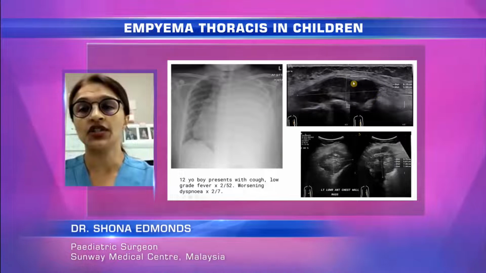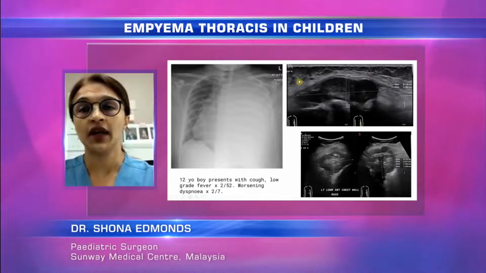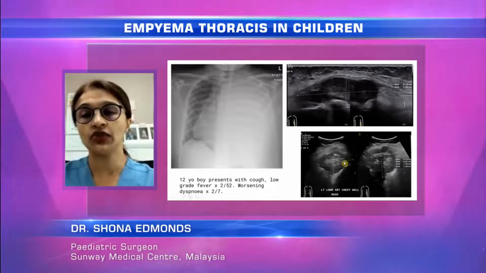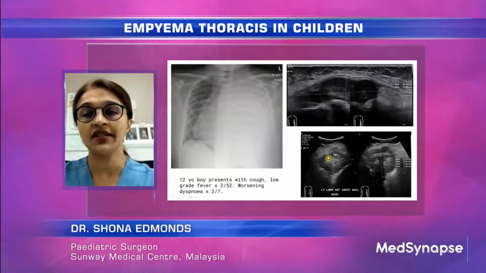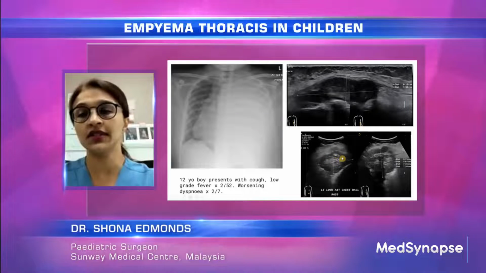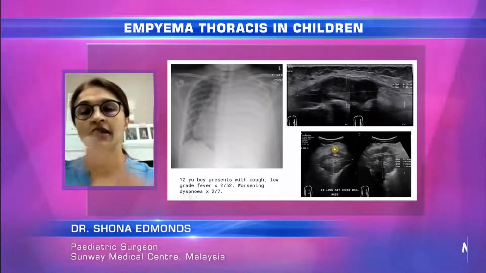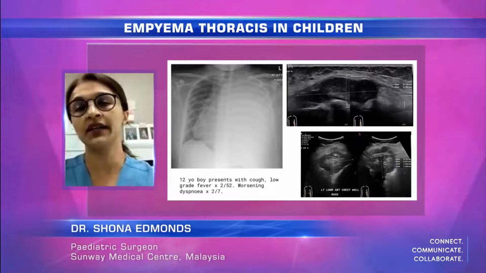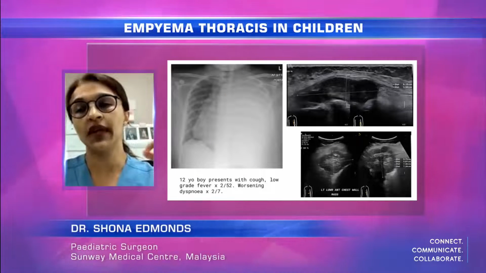Yes, the radiologist was able to find a fluid-filled pleural space. However, she also noticed a lower anterior chest wall mass. So again, we were alerted to this matter. As soon as the imaging does not conform to a typical empyema image, we should already be having alarm bells.